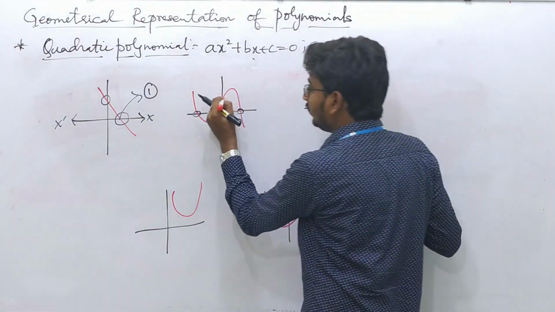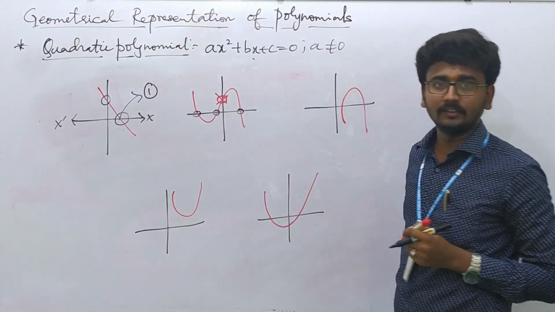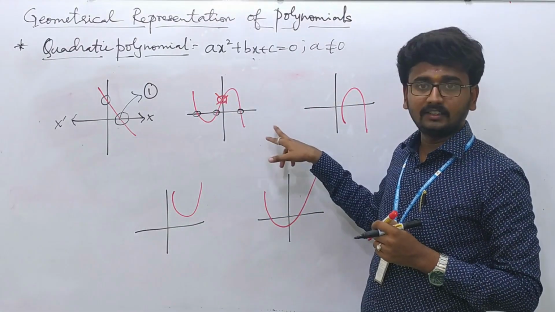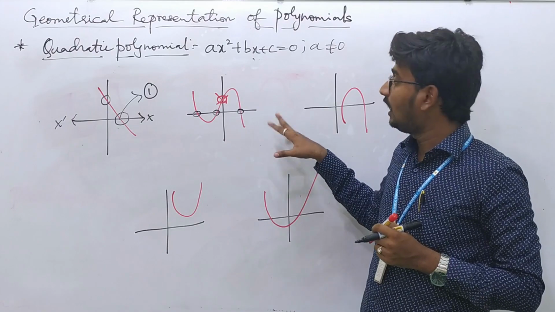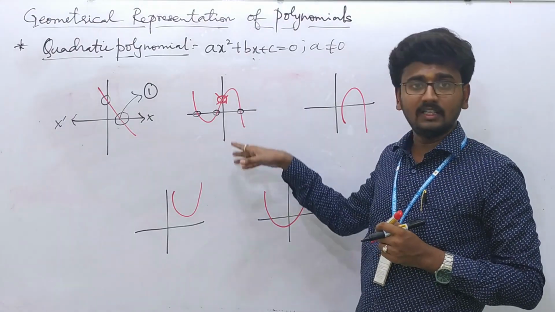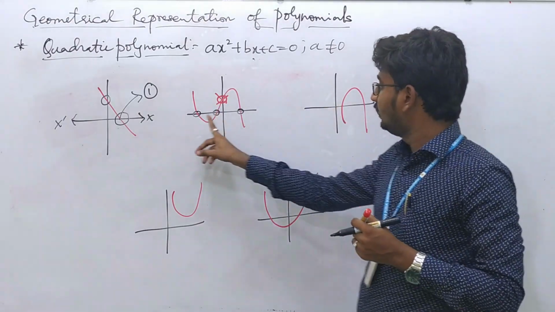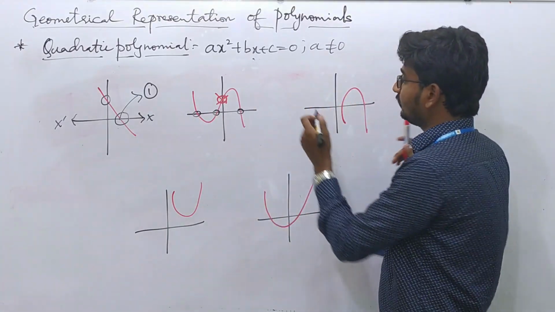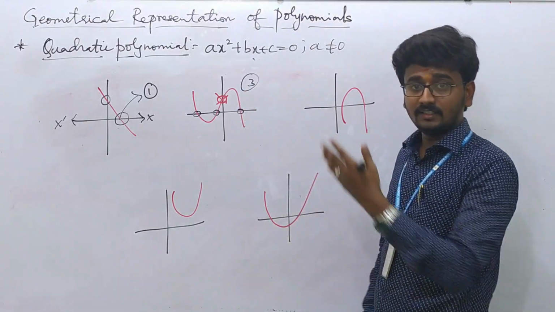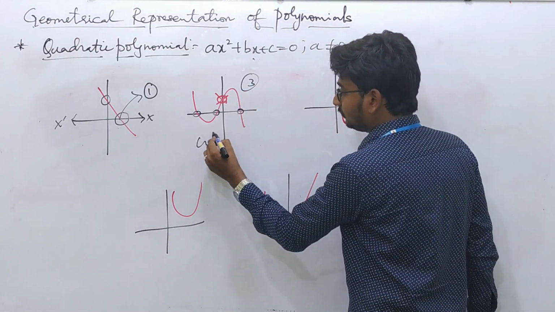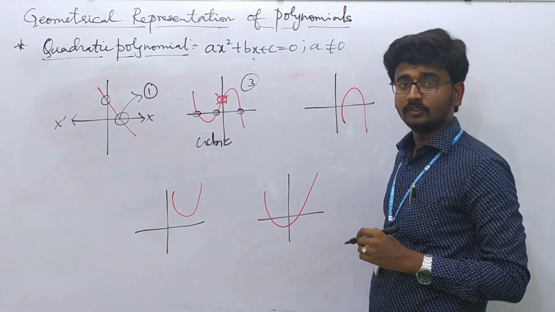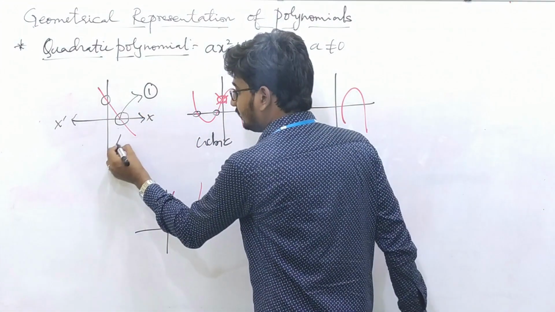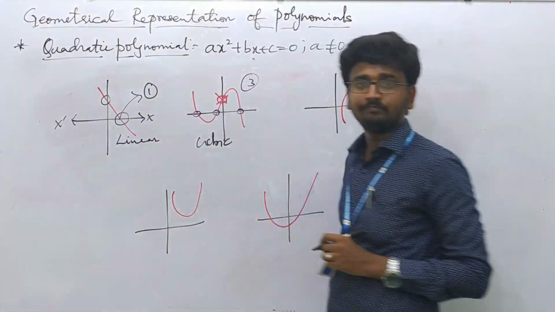Even though it is intersecting along the y axis, you need not consider this, only along the x axis. Abscissa, y means ordinate, together coordinates. How many times is it intersecting? 1, 2, 3. Totally 3 roots are there. I can say this is a cubic polynomial. The earlier one has only one root, so I can say it is linear.